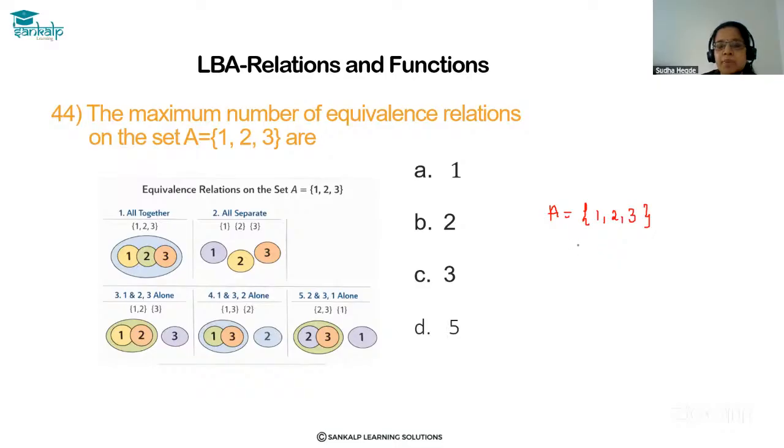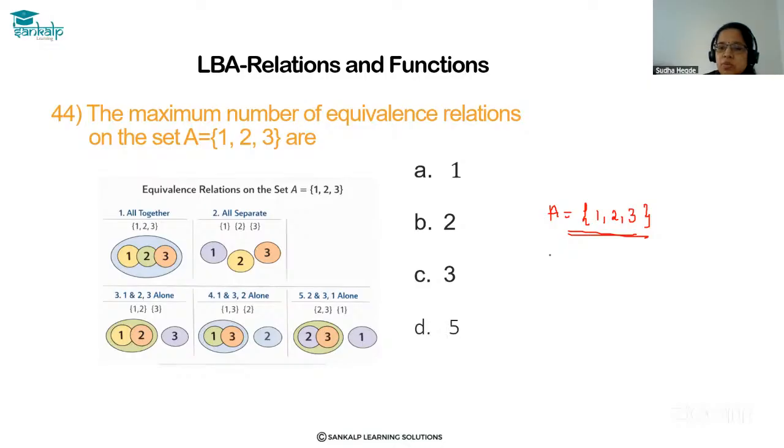The number of partitions you can make from this set, that many equivalence relations you can form. So how do you create a partition? If you take the union, you should get the whole set, and if you take the intersection of any two, it should be empty. Okay, what are the possible ways?